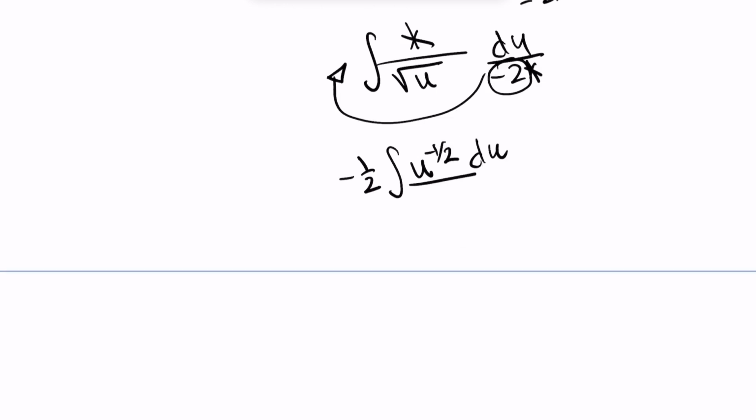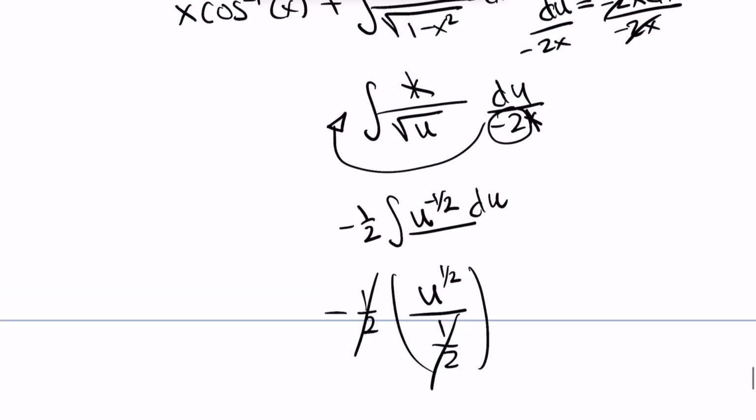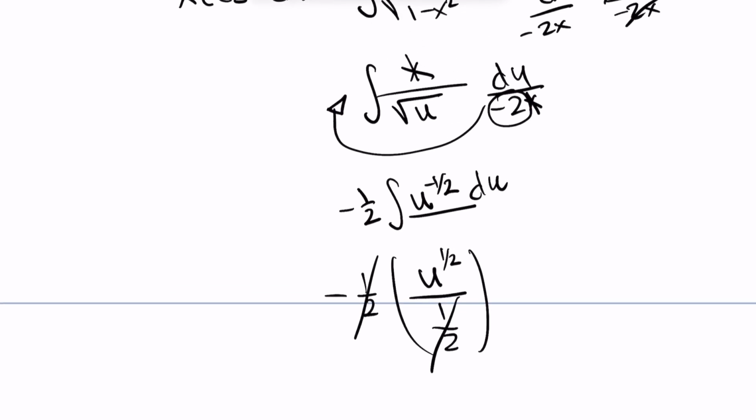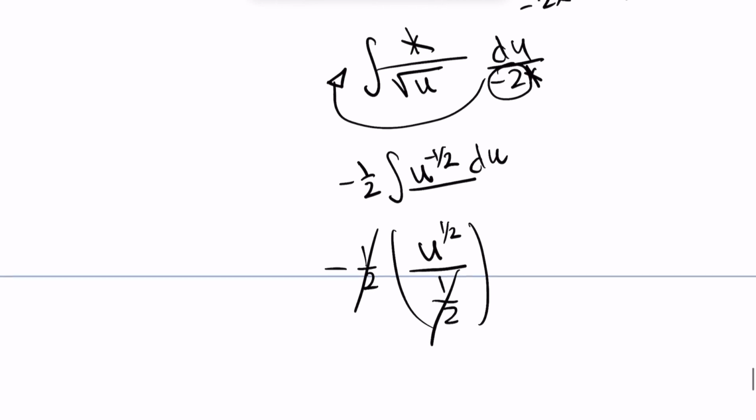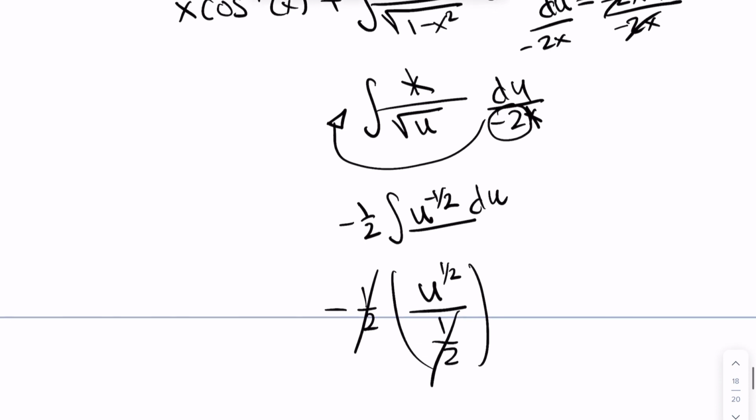So we're going to integrate u to the negative 1/2, which is u to the 1/2 over 1/2. And we've got 1/2 in the front as well. So these actually cancel. So we end up with 1 minus x squared to the 1/2.